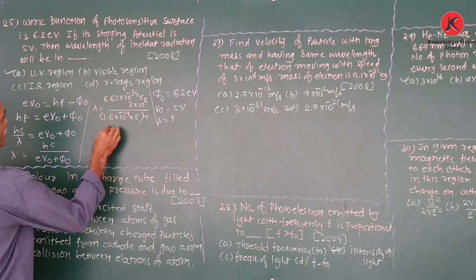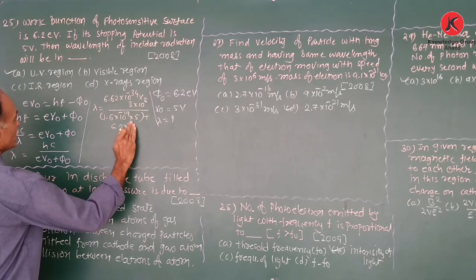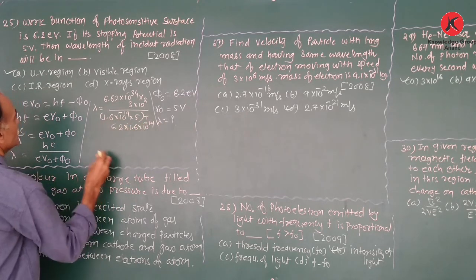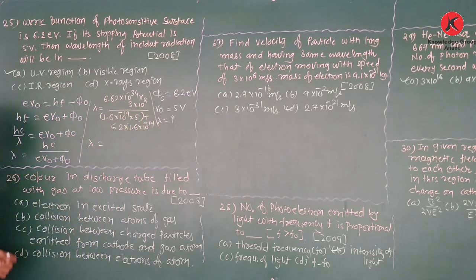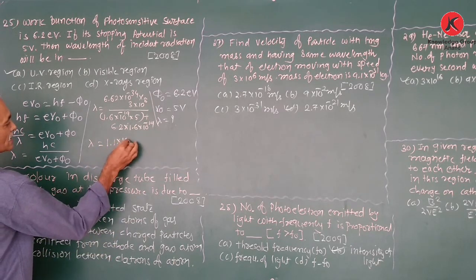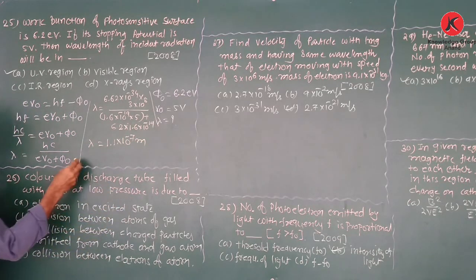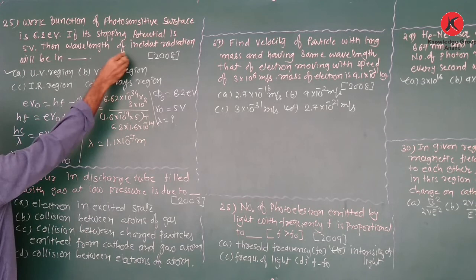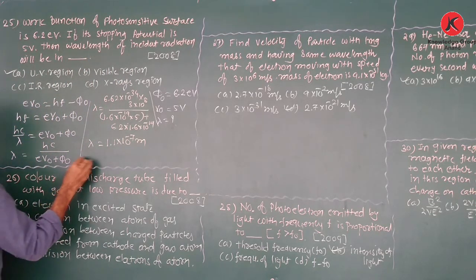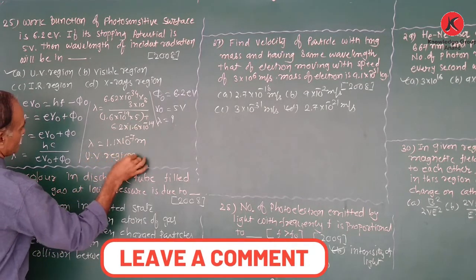Therefore, 6.2 into 1.6 into 10 to the power minus 19. Then we simplify and obtain the wavelength as 1.1 into 10 to the power minus 7 meter. This wavelength lies in the ultraviolet region. Therefore, the wavelength of incident radiation will be in the ultraviolet region, UV region. That is our answer.